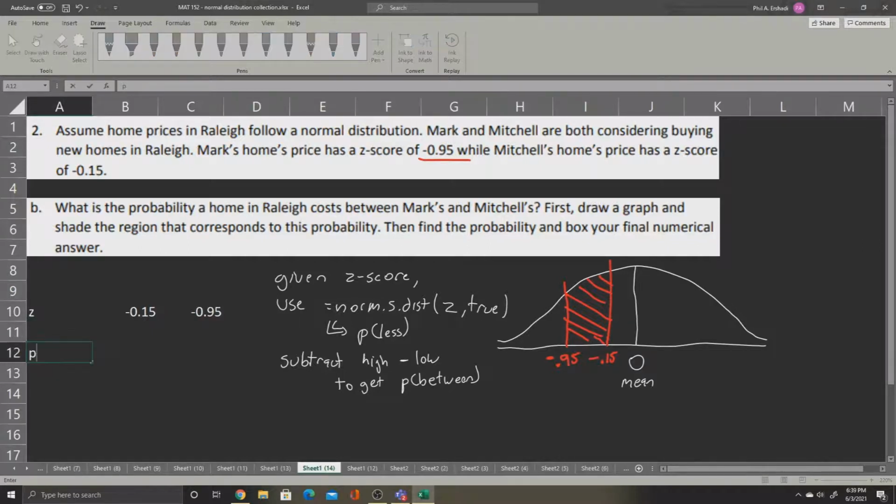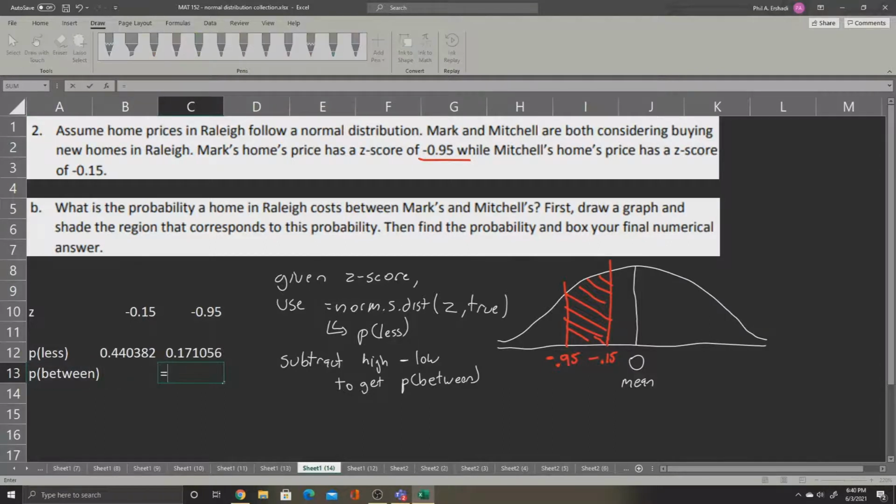The probability of being less, we'll use norm s-dist and click on the z-score, comma, true. We'll use the black cross to calculate the norm s-dist for the other z-score automatically, and we'll find the probability of being between.